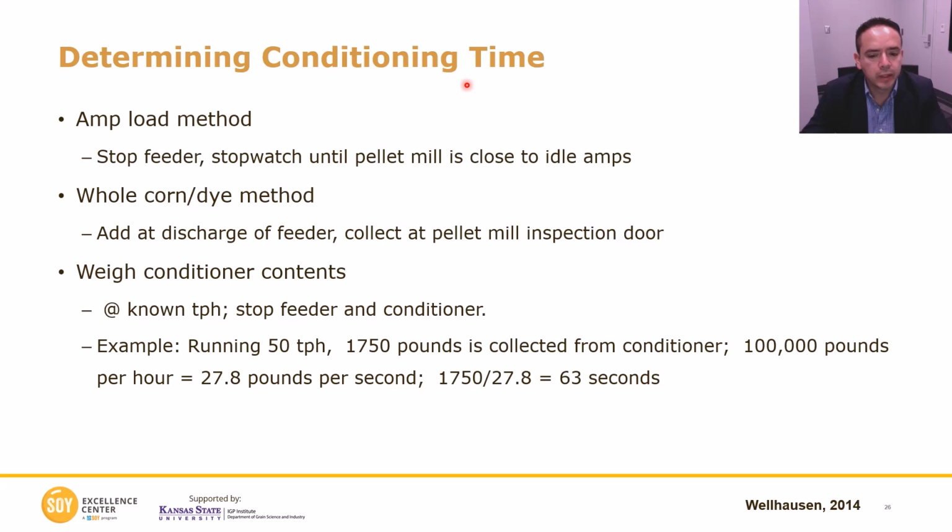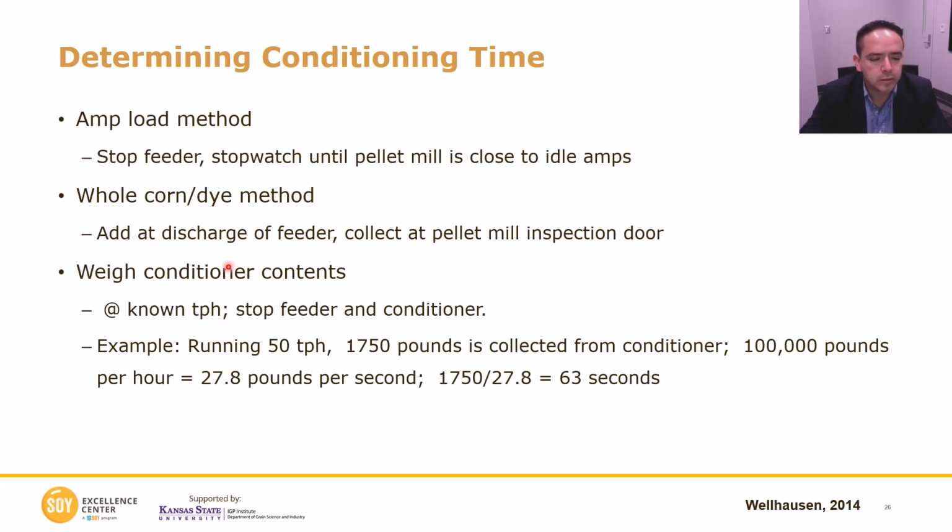One way is the amp load method. Basically, you stop the feeder, and then you use a stopwatch until the pellet mill gets close to the idle amps. You can do it different times and get an average retention time. The other alternative is the whole corn dye method.